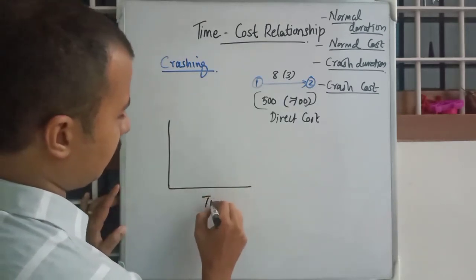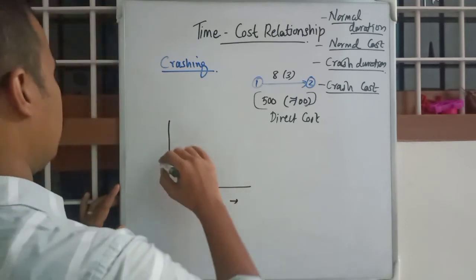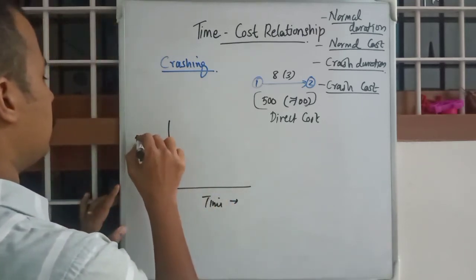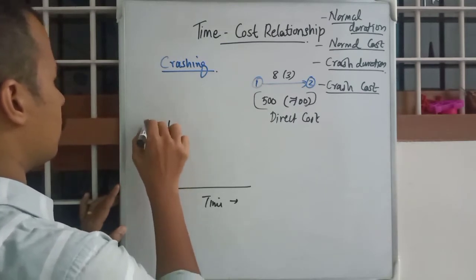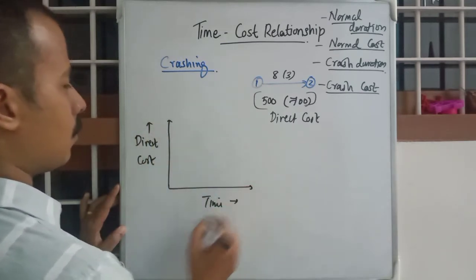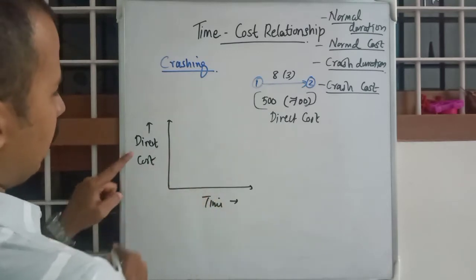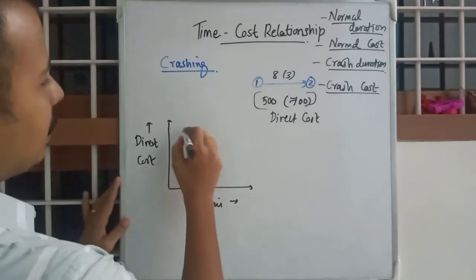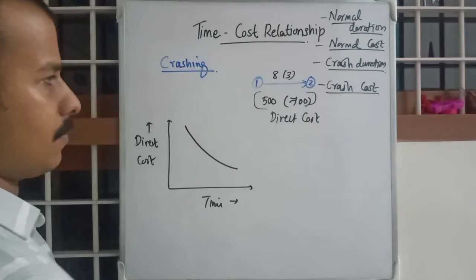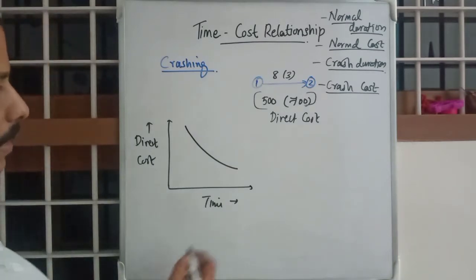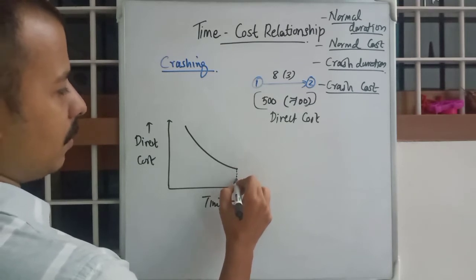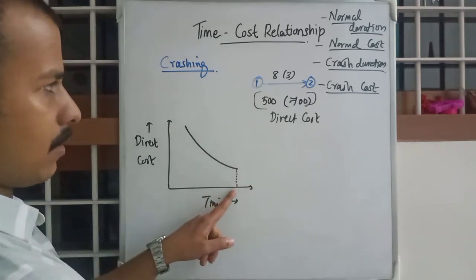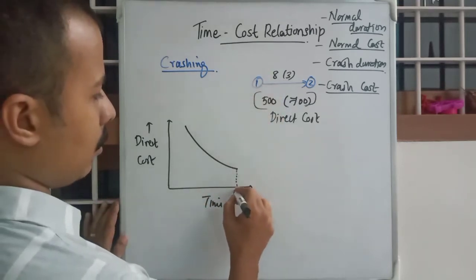Suppose we are drawing a graph like the one we drew some time ago, with direct cost. As we know, direct cost varies with time like this. Normal duration will be somewhere here, 8 days.